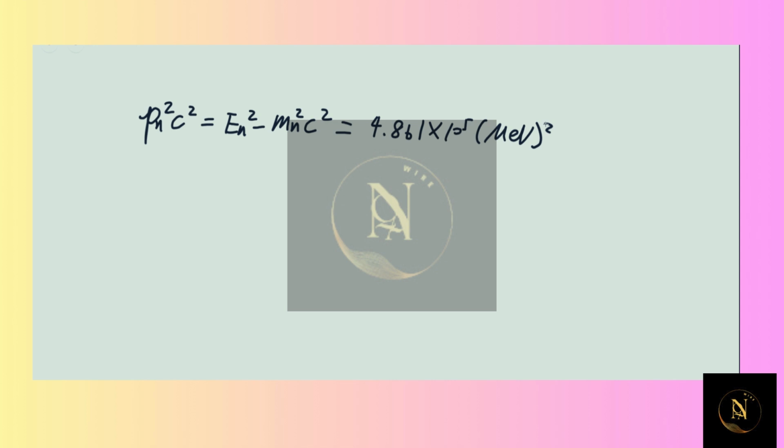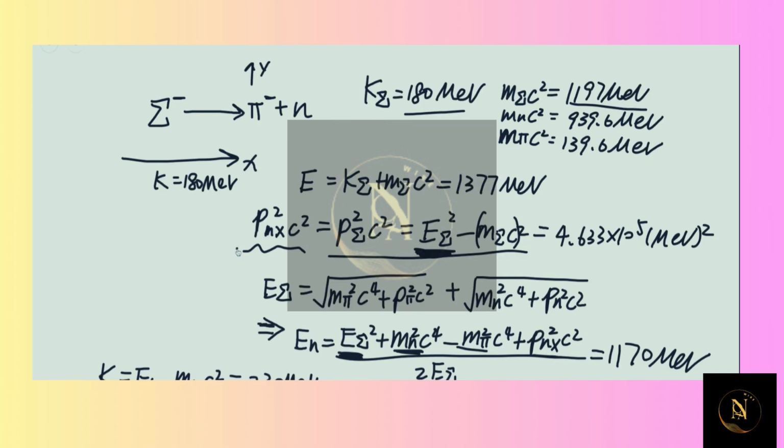Once we find that, we can find the momentum. But this momentum can be in any direction. If we go back to our previous calculation, we already found the momentum in terms of the x direction, so we can find the momentum in the y direction, and that will tell us what theta is.